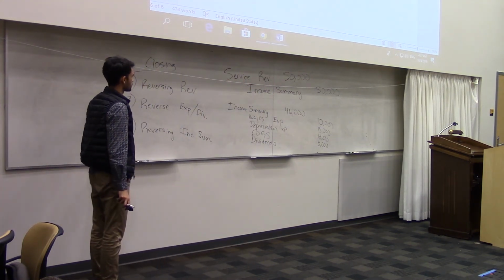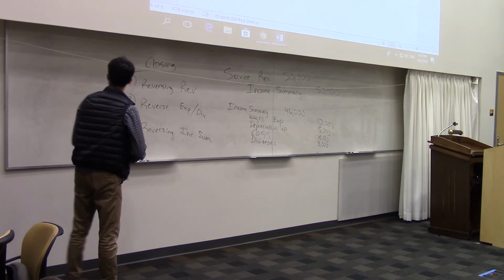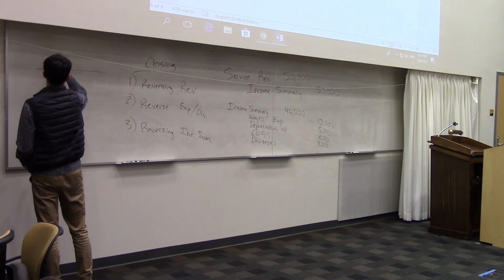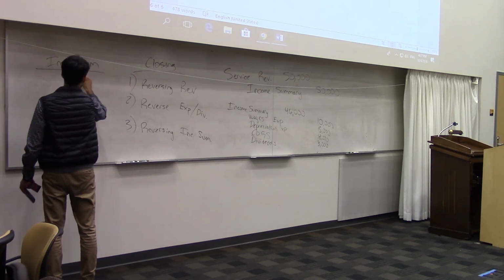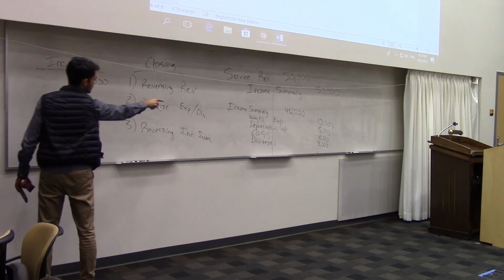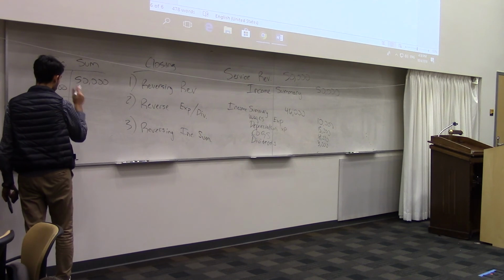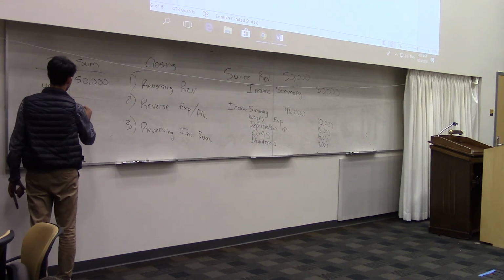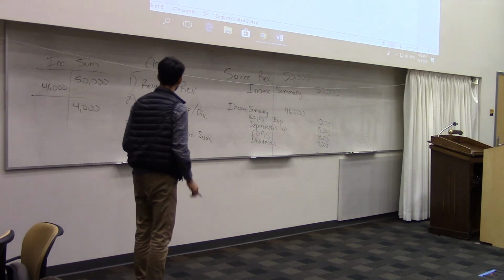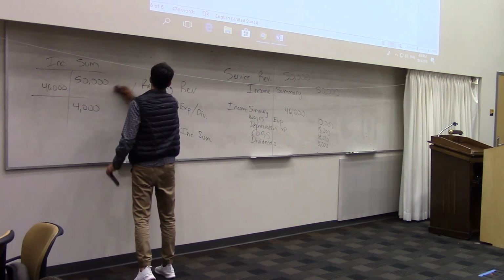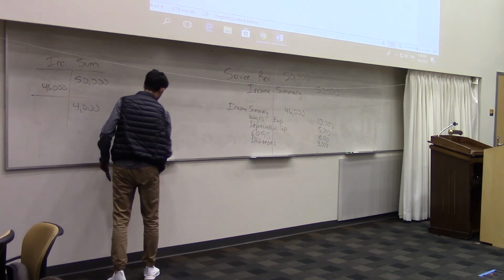Now part three, reverse income summary. So my income summary, I had 50,000 as the credit, and I have 46 as the debit. So right now, my current balance is 4,000 credit. So what am I going to do to income summary?